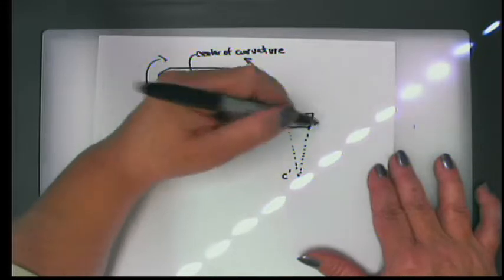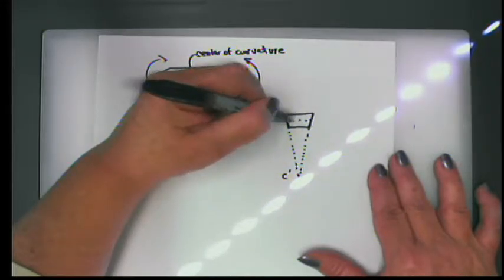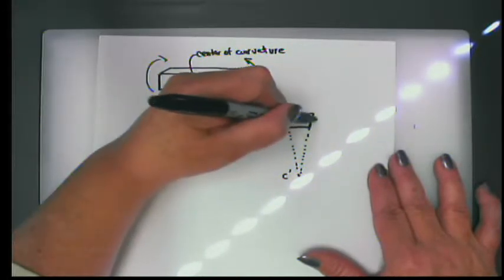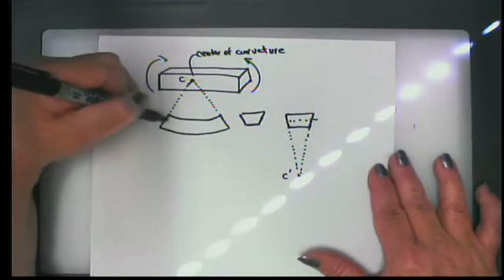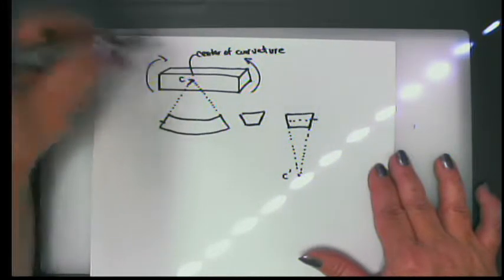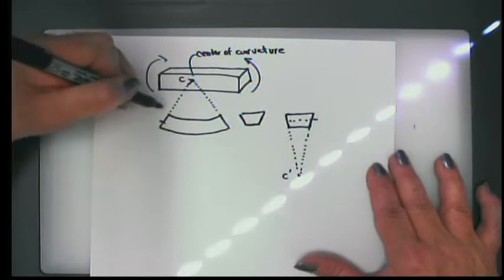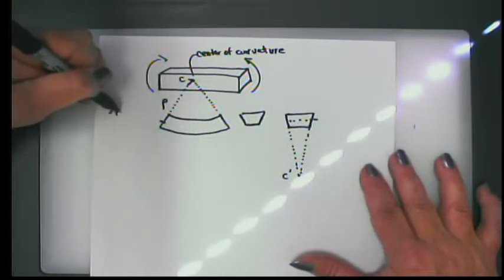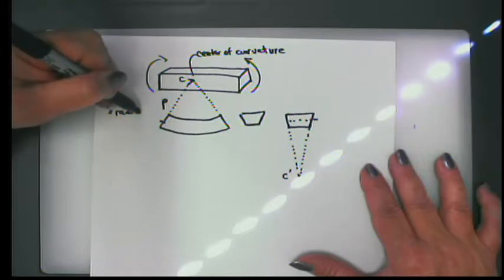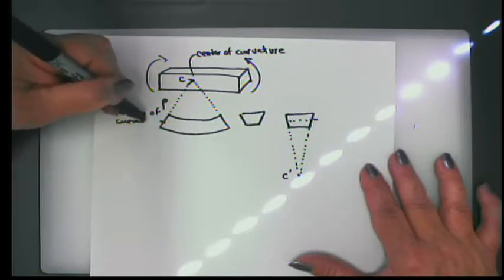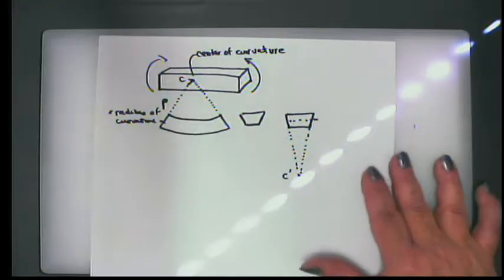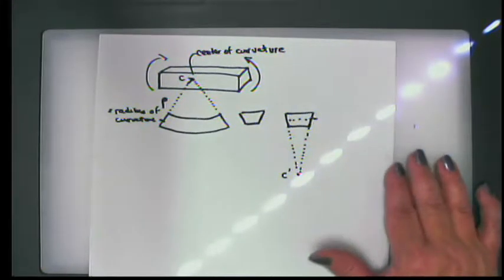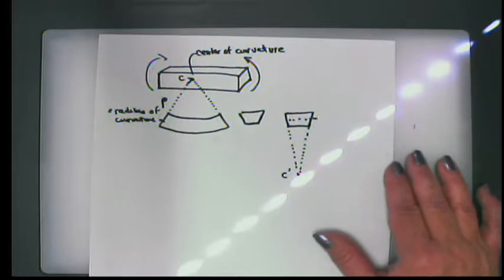The distance from the neutral axis here to that center of curvature is identified as rho, which is called the radius of curvature. And although we'll discuss what that distance is, it's not a number that you would ever really find. It's a number that we use to develop some other equations.